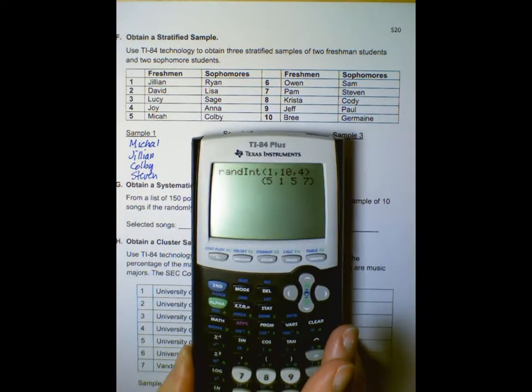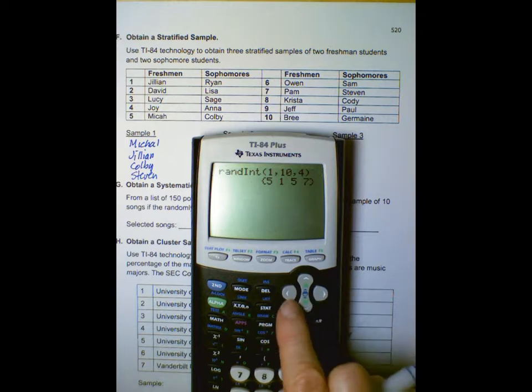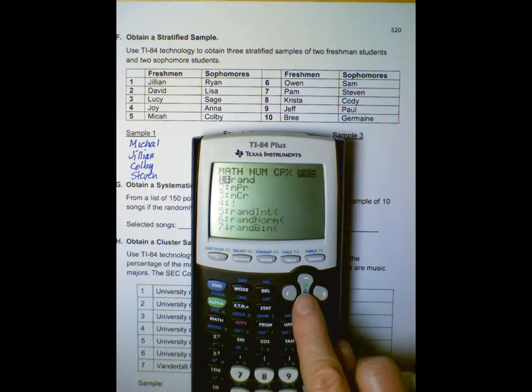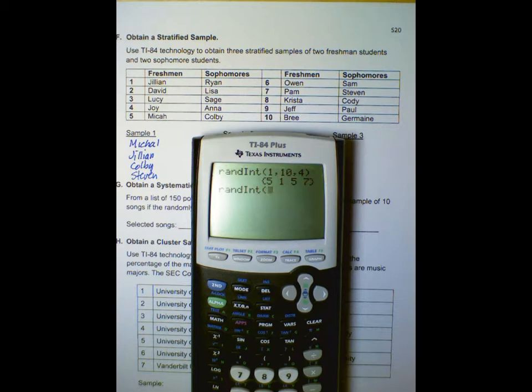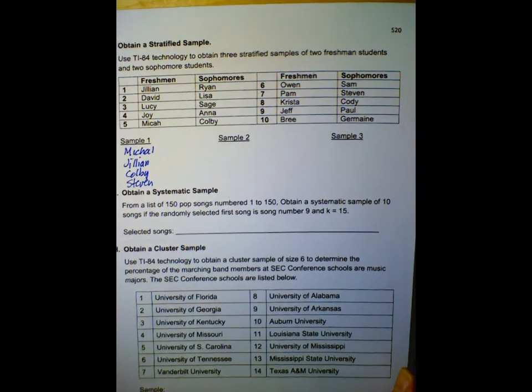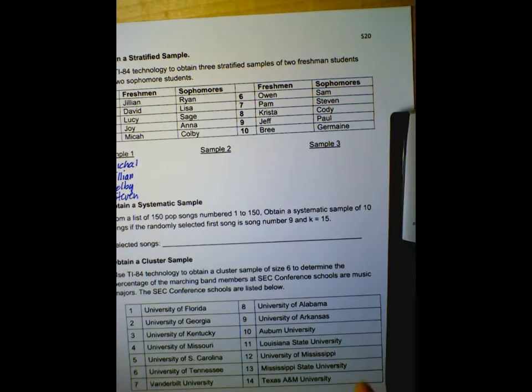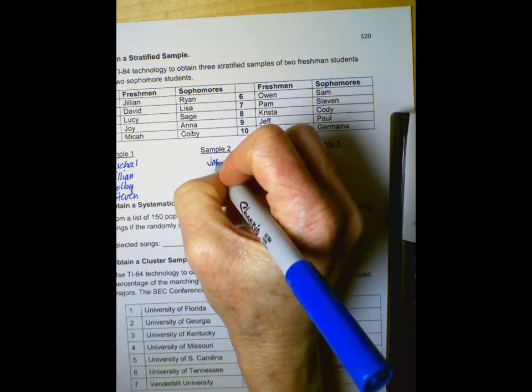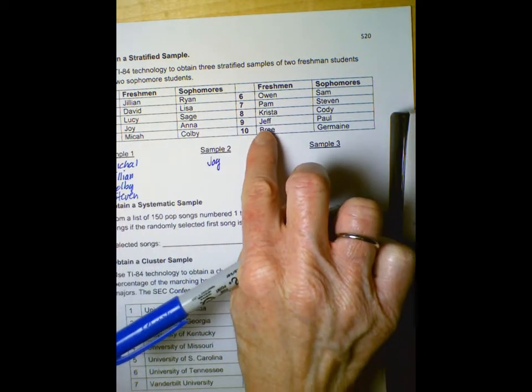Okay, so let's do that again for our next sample. Math, probability, number 5. I need from 1 to 10, and I need 4. 4, 9, 8, 1. Okay, my 2 freshmen are 4 and 9, Joy and Jeff.